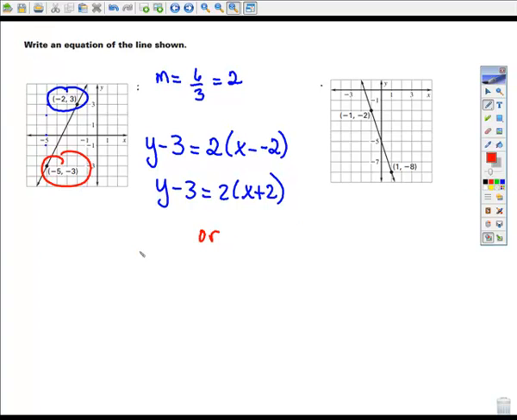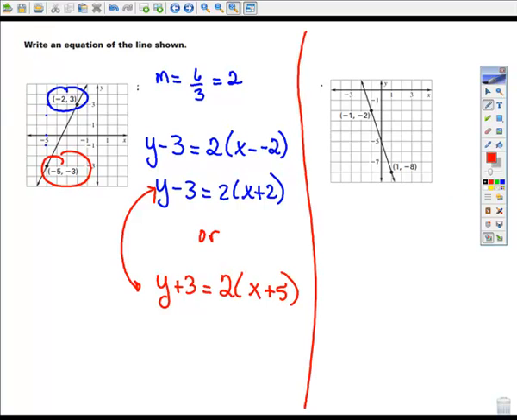If I use this point, I'll have y subtract negative 3 is really plus 3 equals same slope, and then x subtract negative 5 is really plus 5. I know these look like two completely different answers, but trust me, eventually we'll put these in slope-intercept form, and if you want to do that now just to check it out, feel free to do that, and you'll see that once you solve both of these for y, you get the exact same answer.